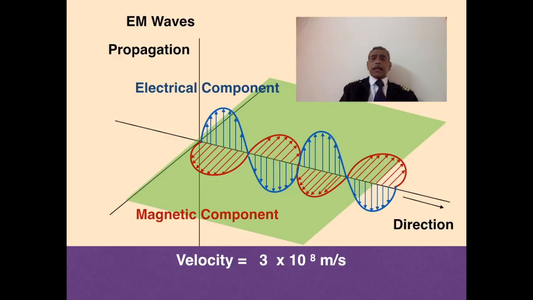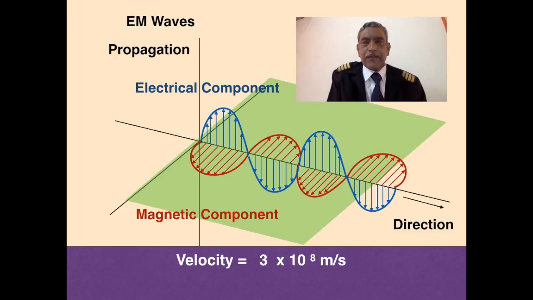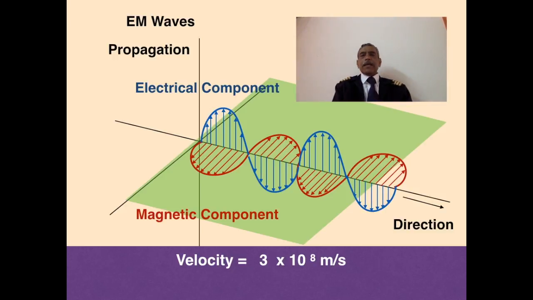We learned that electromagnetic wave radiation is produced when an alternating current is applied on an aerial, and it has two components: the vertical or electrical component, and the magnetic component.